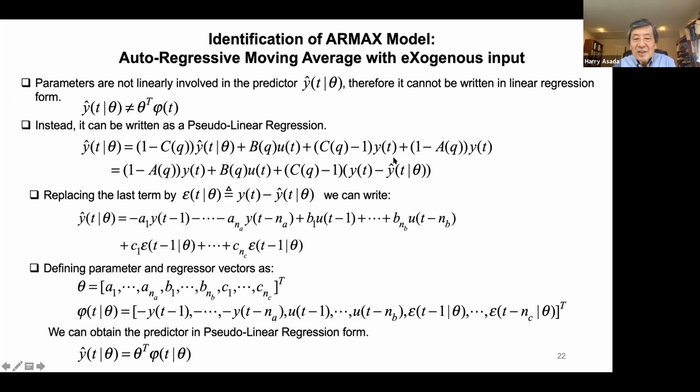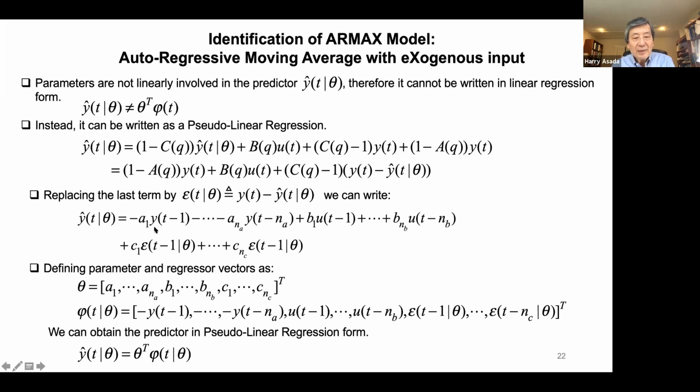So if we treat this guy as one variable, this can be represented in a sort of pseudo linear regression. In doing so, let's define this prediction error as a new variable, epsilon t. We can write this equation in this form, right?